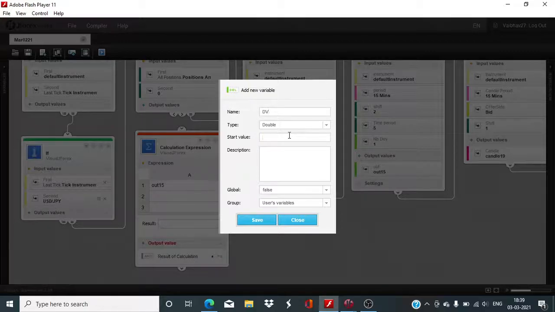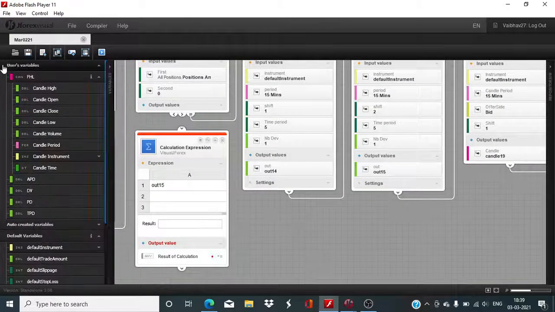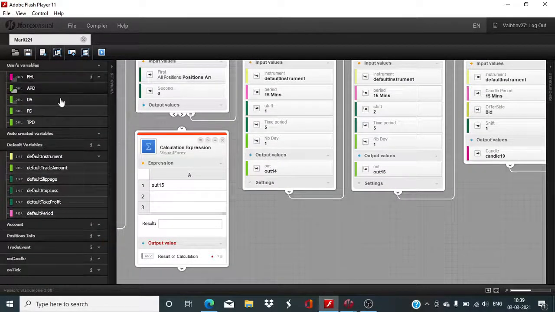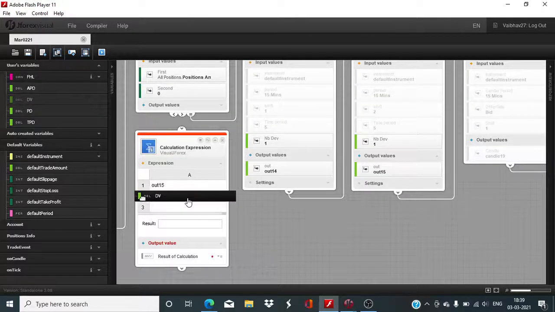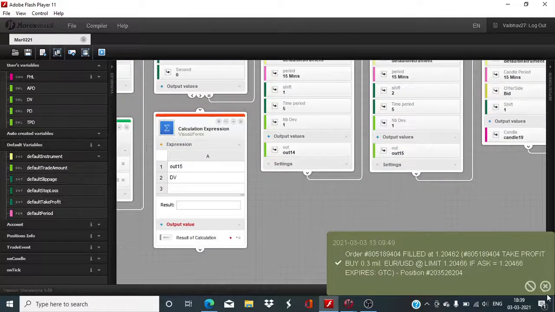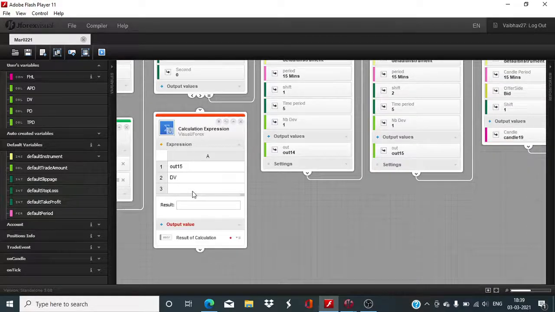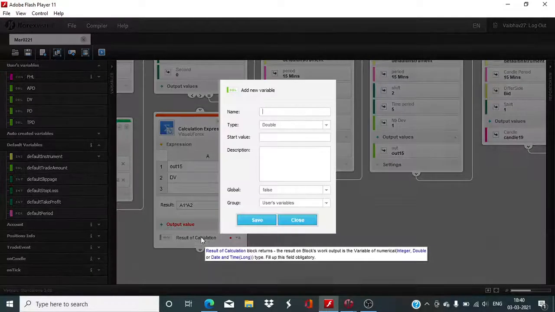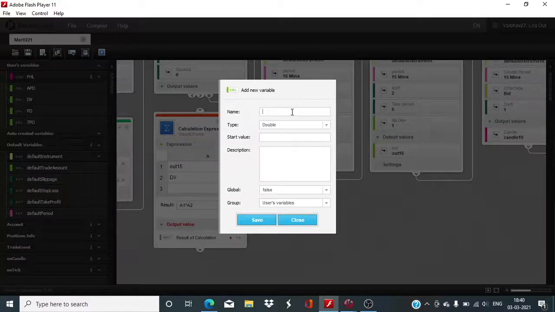So we will need 2 as the start point, and it will be A1 into A2, and the result of the calculation will be required variance value.